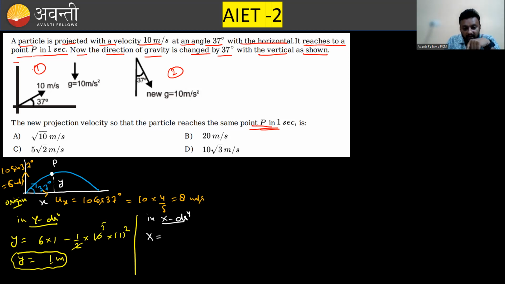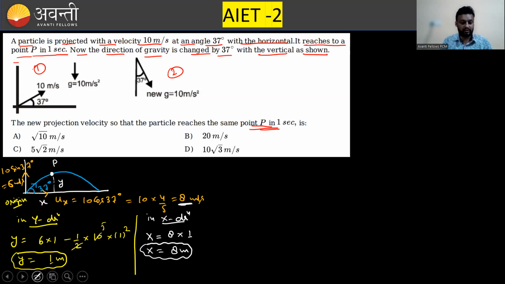What is the speed? In horizontal direction, speed is 8 meter per second. Time is what? 1 second. Distance is equal to speed into time. So the x coordinate is nothing but 8 meter. So we got x and y both.